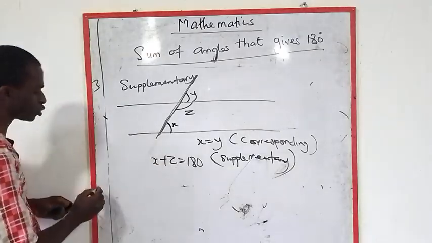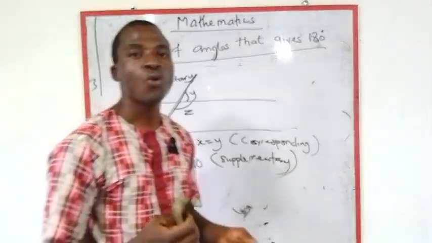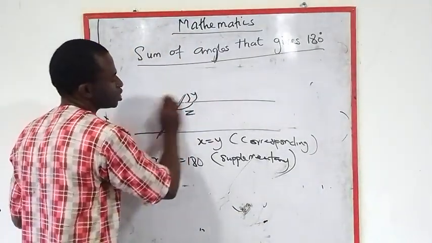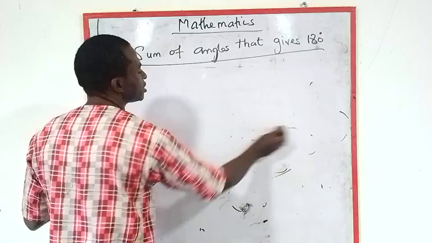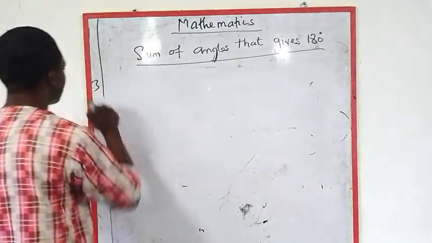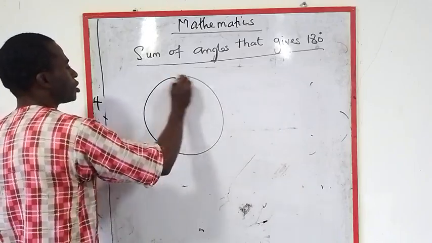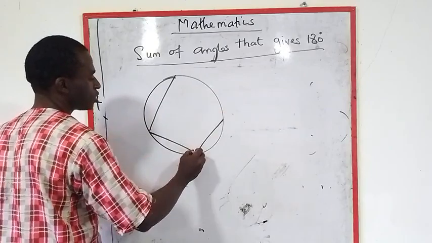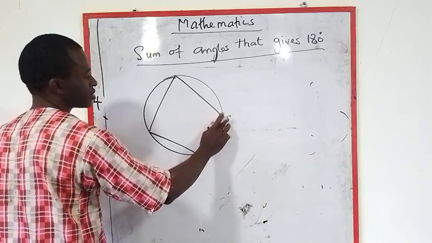Then the next one I want to talk about is the fourth one, when we sum angles that give us 180 degrees. In that situation is one of the circle theorems, where we said that the opposite interior angles of the cyclic quadrilateral sum to 180.